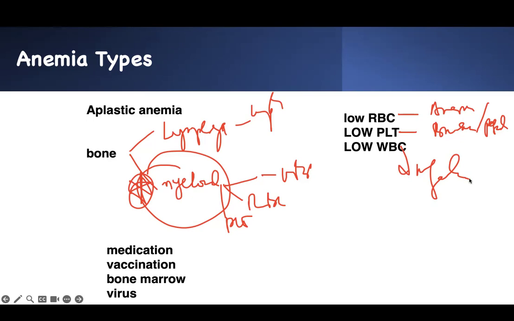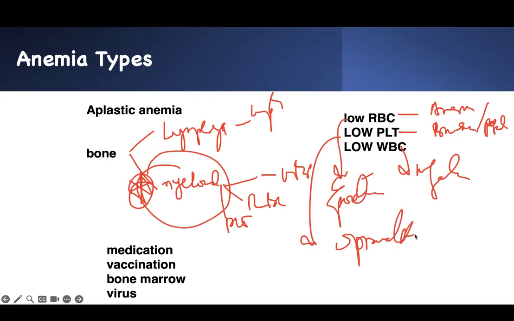There are things we can give this individual to improve the red blood cells because we've destroyed what? The red blood cells in the bone marrow, especially if you're getting chemotherapy. They need epoetin alpha to help with that. What do they need for platelets? Oprelvekin.